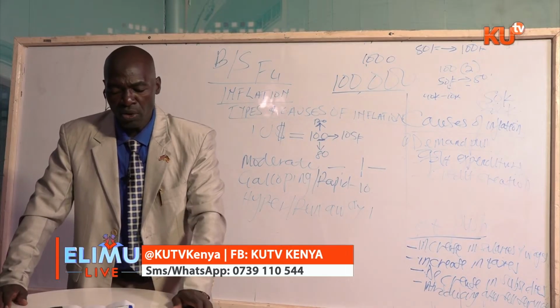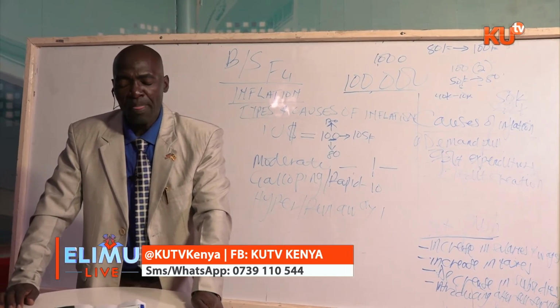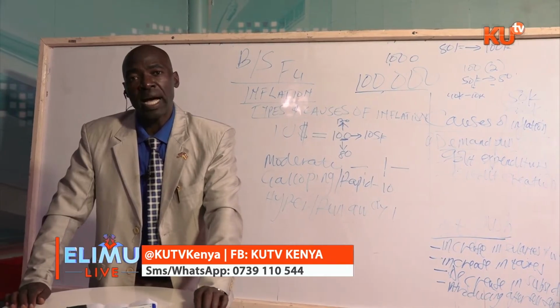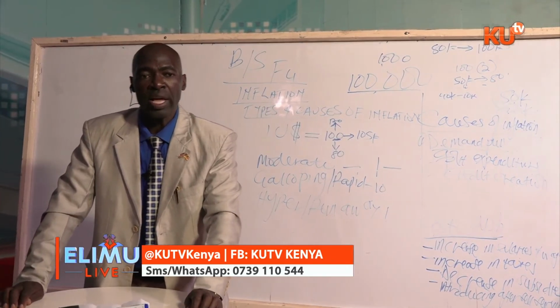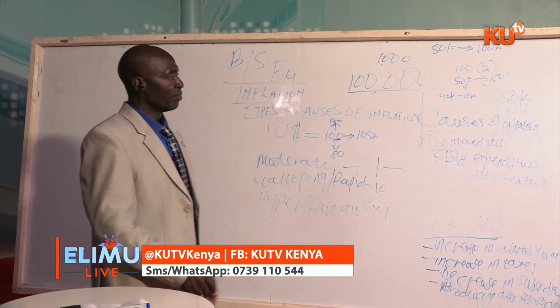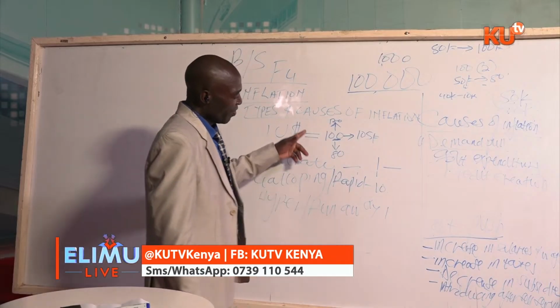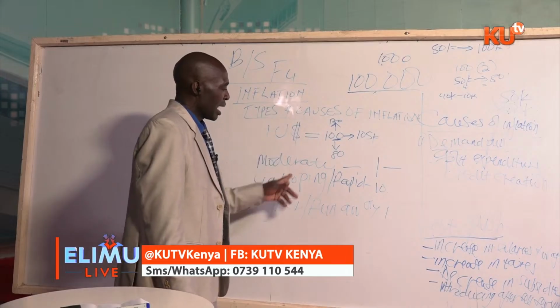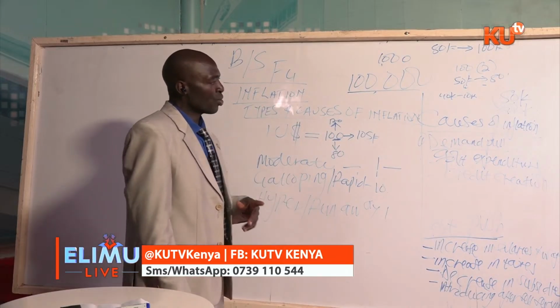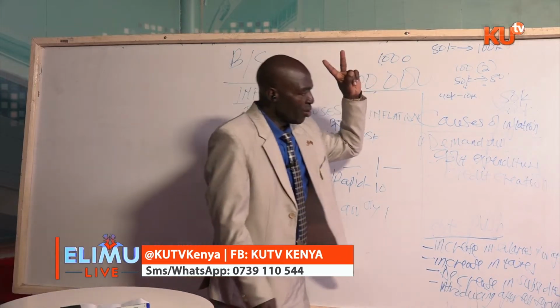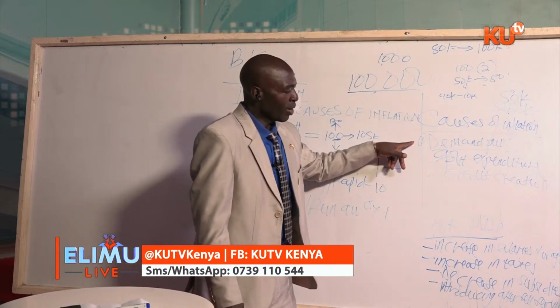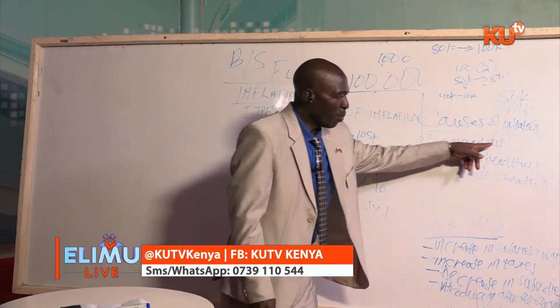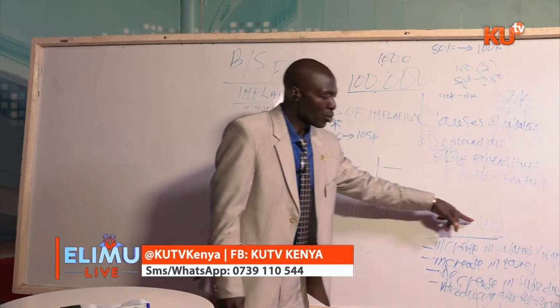And then we have also looked at the factors under demand pull as a cause of inflation. So take note here. The types of inflation are moderate or creeping, galloping or rapid, and hyper or runaway. The causes are only two, categorized under demand pull and cost push.